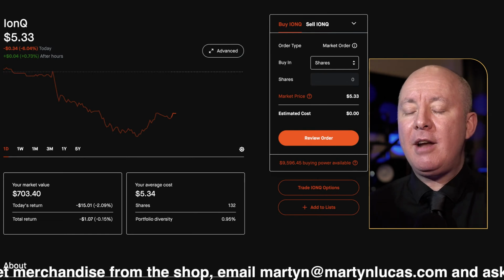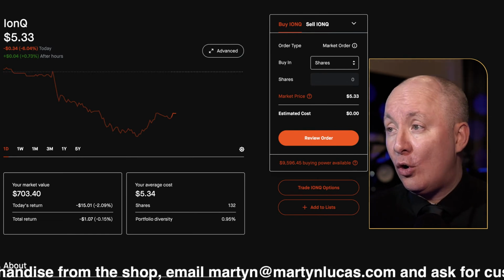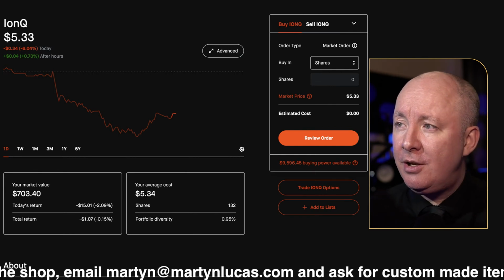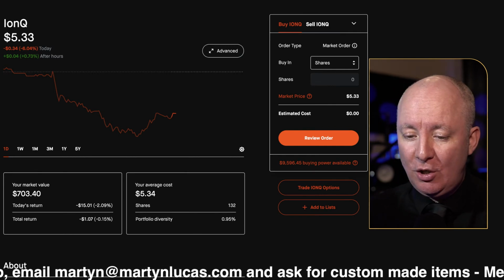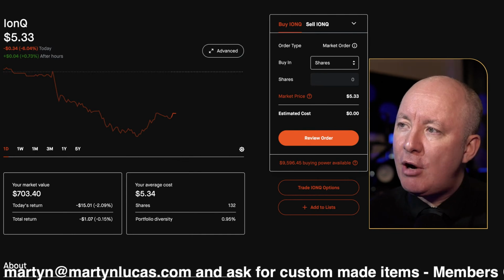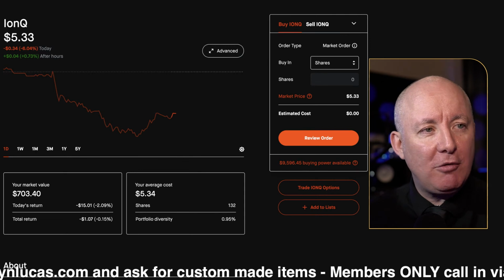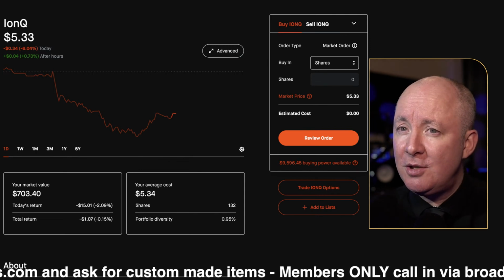Now, you can options trade or stock trade with your own money, or in addition to that, you can use margin, you can use borrowed money, you can use the broker's money. You can borrow money to buy and sell shares. Nothing wrong with using margin, as long as you don't use too much.